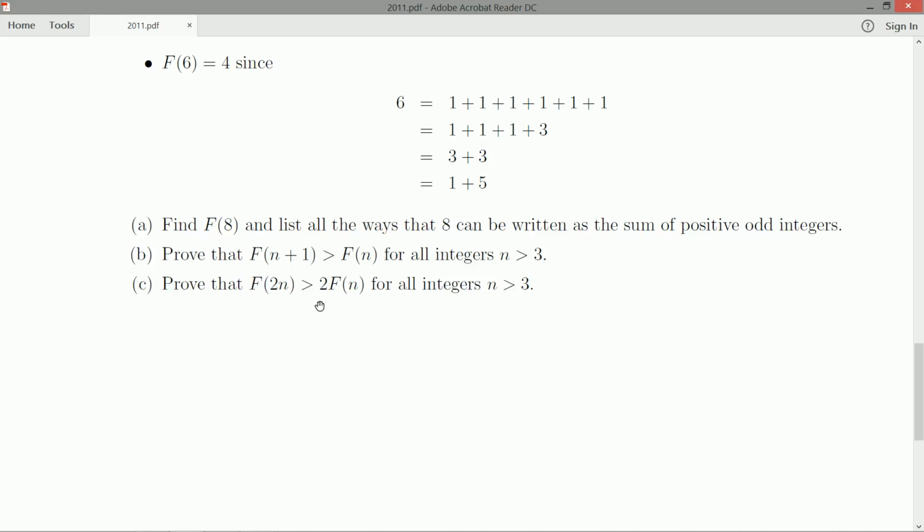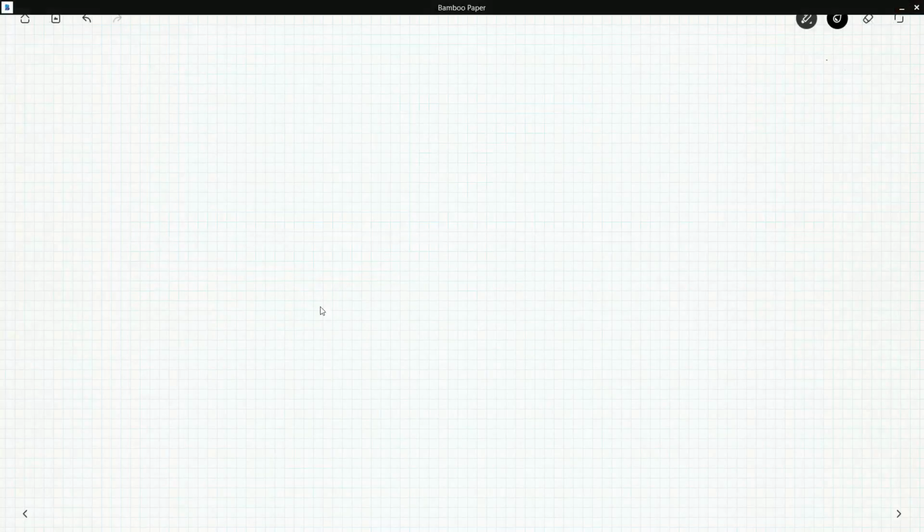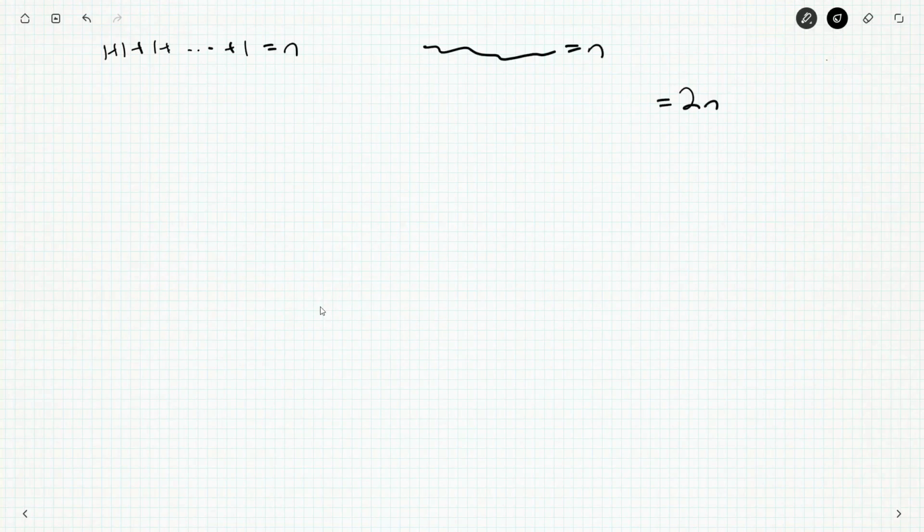Well, suppose I were to do something like 1 plus 1 plus yada yada yada plus 1 is equal to n, and then any other expression for n, including that one, I can combine those, I think, in a unique way to get 2n. Okay, and then maybe the blank plus 1 equals n.